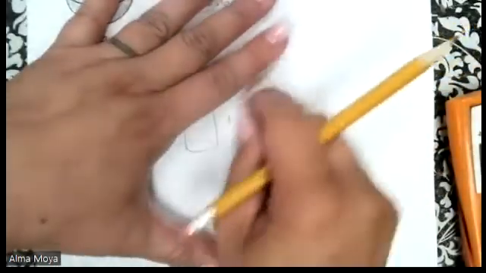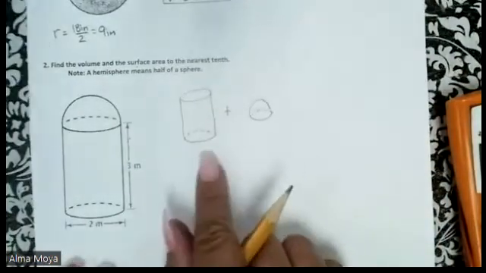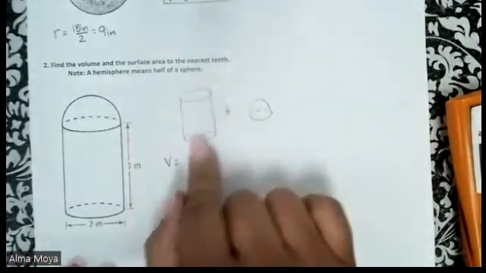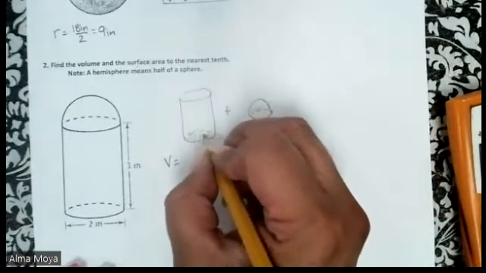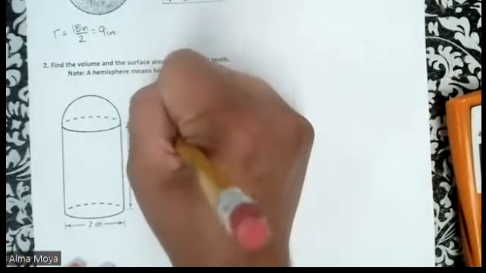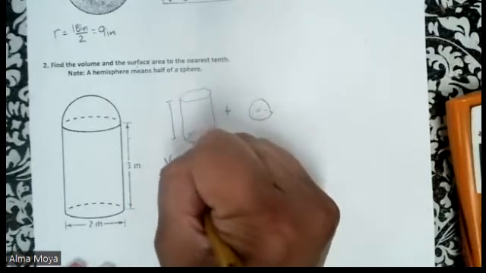Now, keep in mind that these are 2 different formulas. So when you are finding your volume here, it is going to be the area of the base times the height. Well, the base is a circle, and the area of a circle is pi r squared.